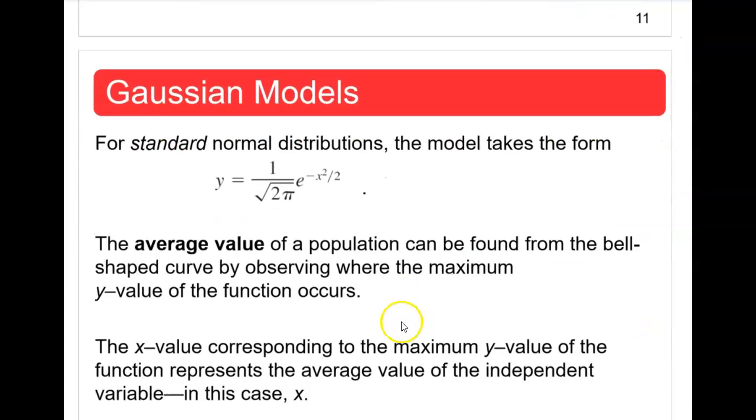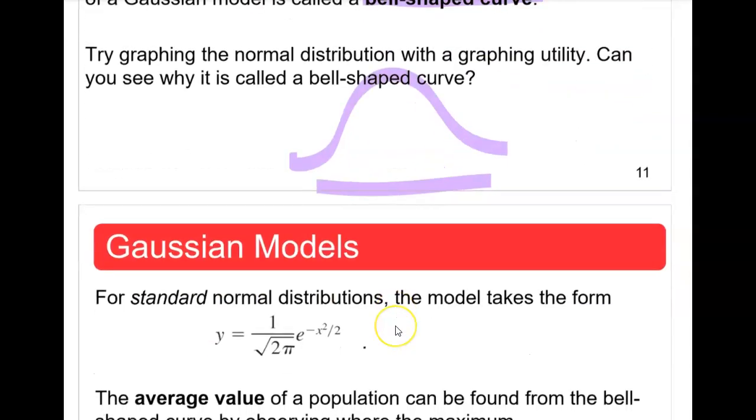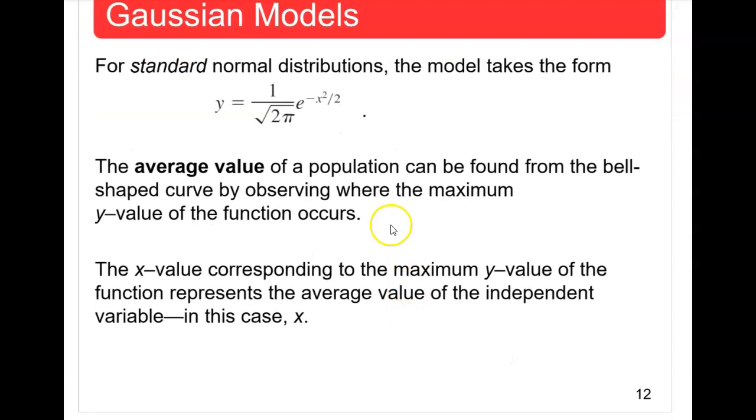So we went over some of this. You do get something that will be symmetrical, and that's a characteristic, of course, of normal distributions in statistics. Okay, so here, for standard normal distributions, the model takes the form of, and we have it here.